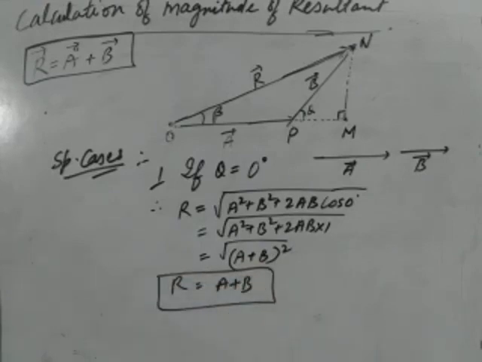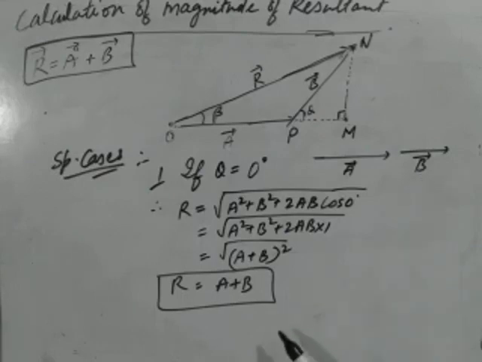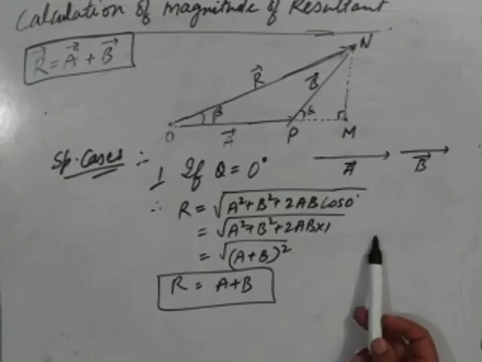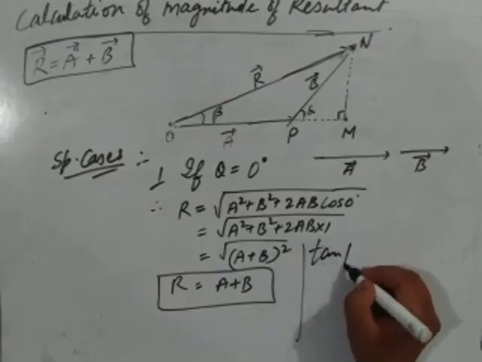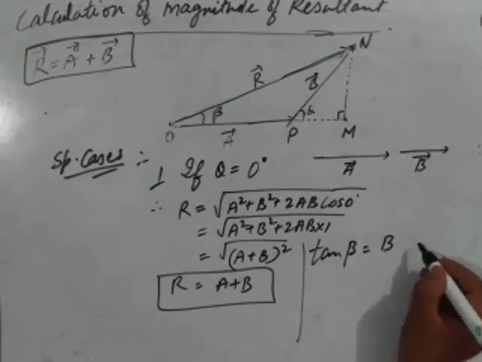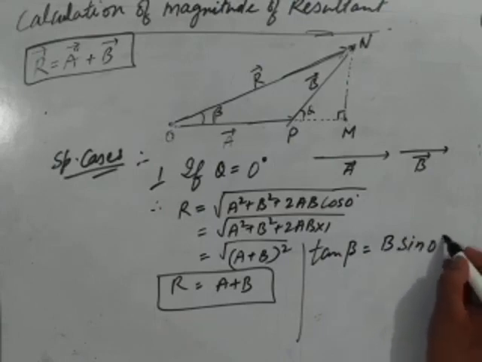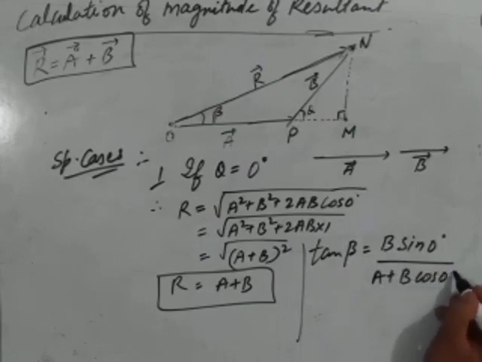which we have calculated earlier in case number 1, when the two vectors are acting in the same direction parallel to each other. The resultant is represented by R equal to A plus B. That is being proved by this method also. Now to find out the direction, we will just find out tangent beta. So the general formula is B sine of the angle, which is 0 degree, upon A plus B cos 0.